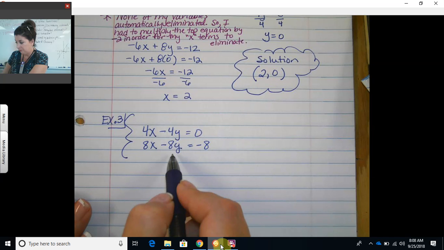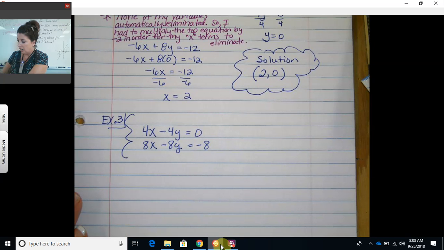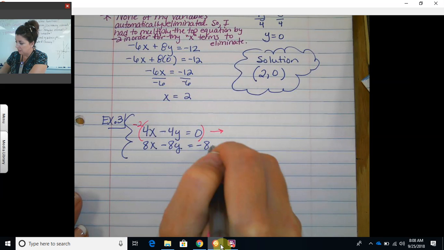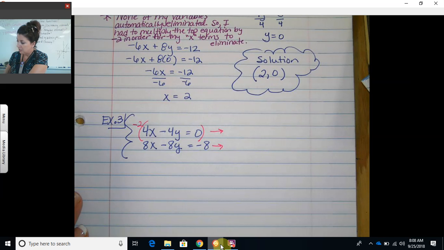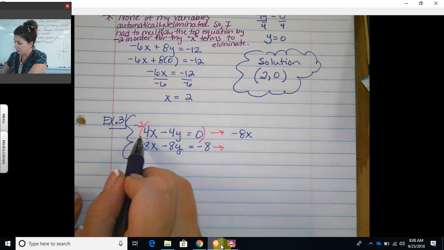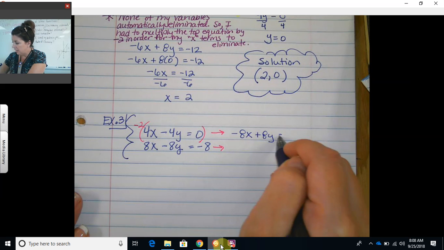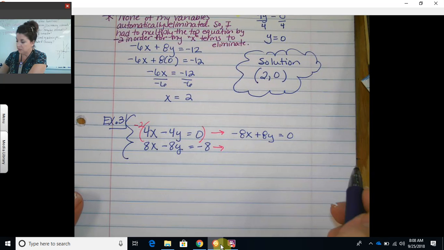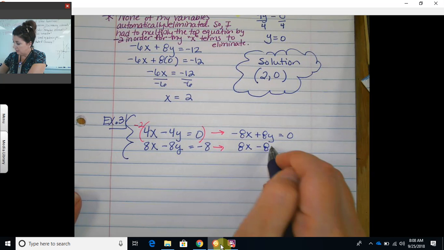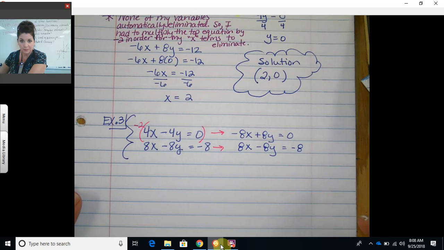Okay, so I'll multiply my whole top equation by -2. Distribute to every single term. -2 times 4x is -8x. -2 times -4y is +8y. Equals -2 times 0 is 0. Now the bottom equation, I don't have to multiply by anything. So that's 8x minus 8y equals -8. Okay?